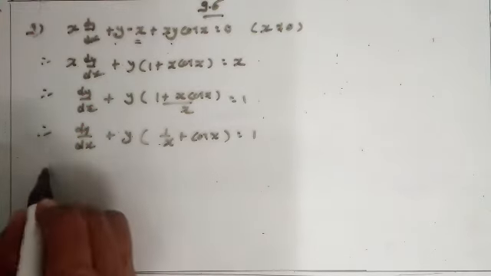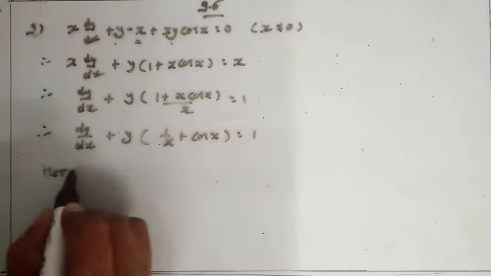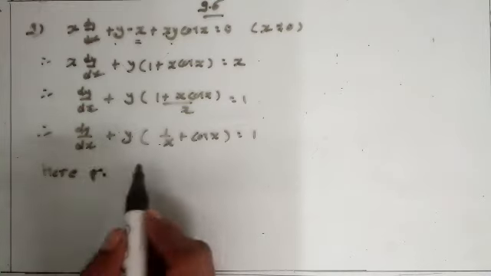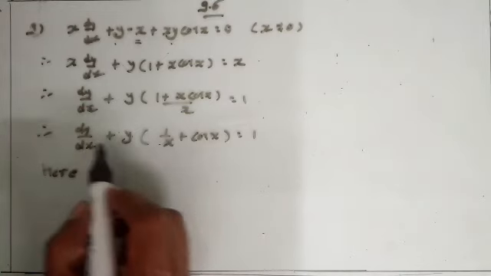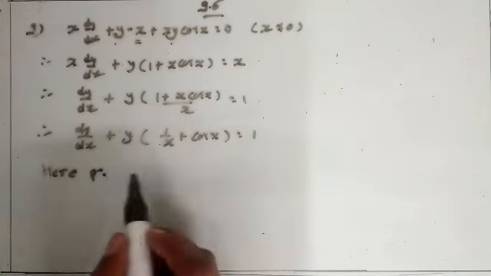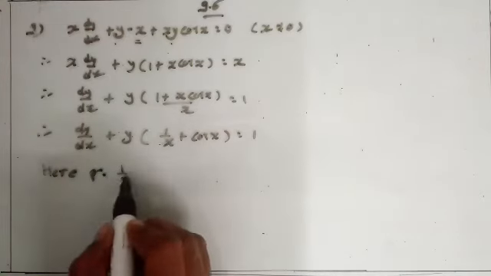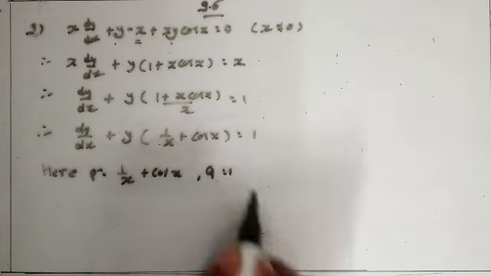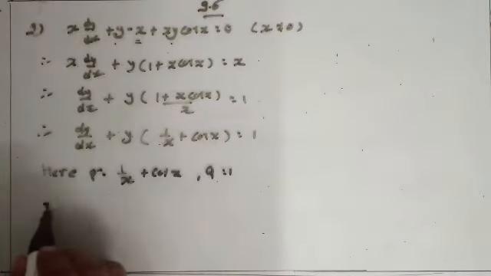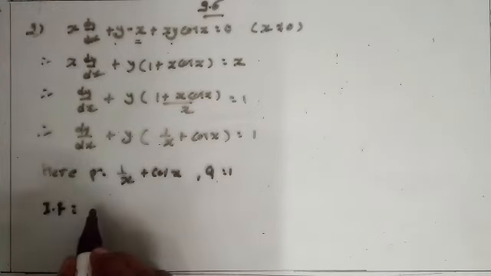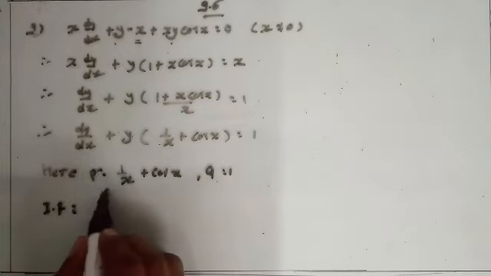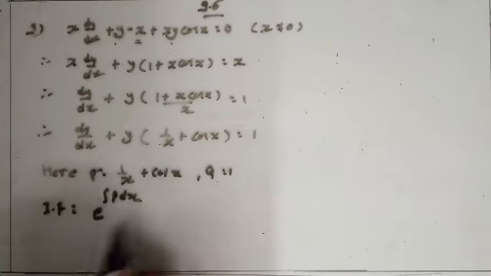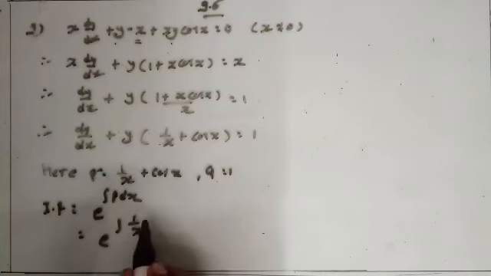Here P is a function of x: 1/x + cot x, and Q is equal to 1. Now find the integrating factor. We know that IF is equal to e raised to the integration of P dx, so e raised to the integration of (1/x + cot x) dx.